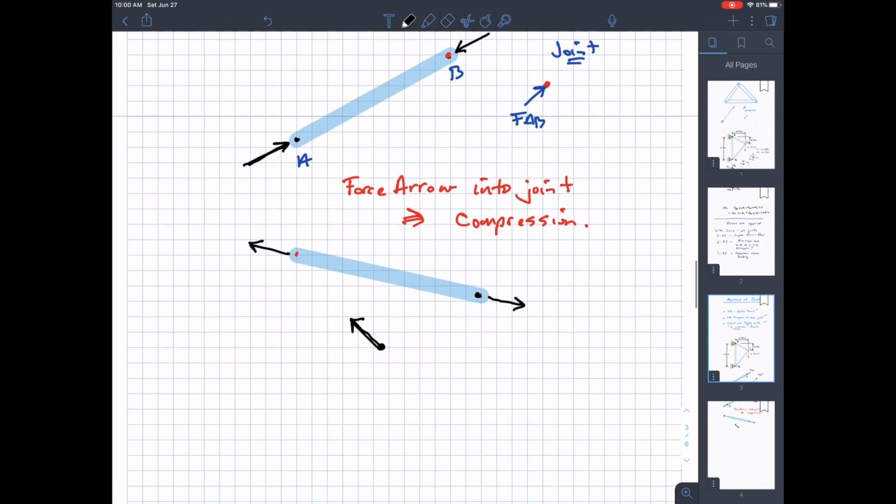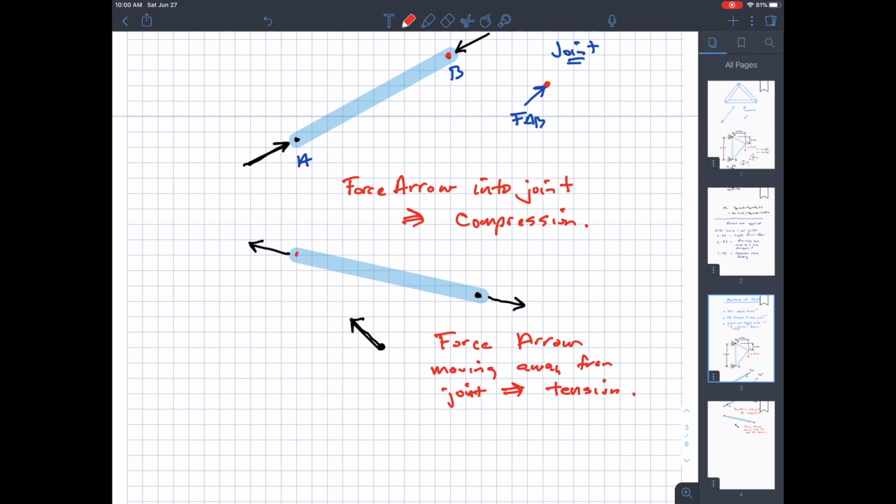So that gives us the other condition: the force arrow moving away from the joint implies tension.